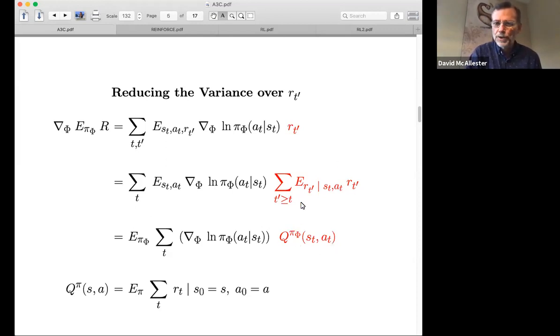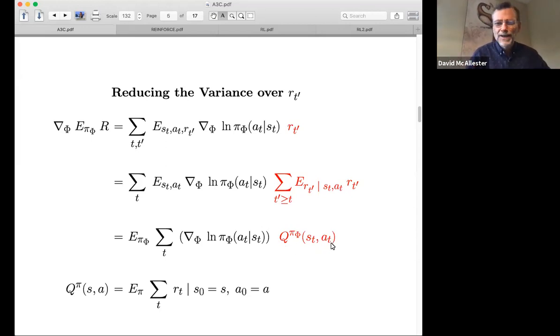It's the expectation of the reward at this time and later. And what's happening here is this thing has huge variance due to the random unrolling of this history. This thing is taking all of that variance into account and just looking at the expectation.